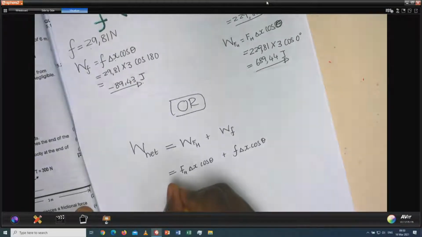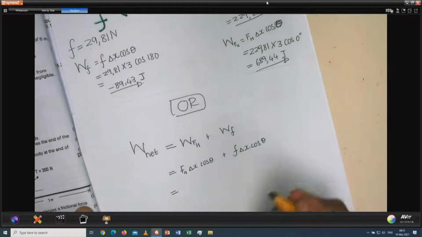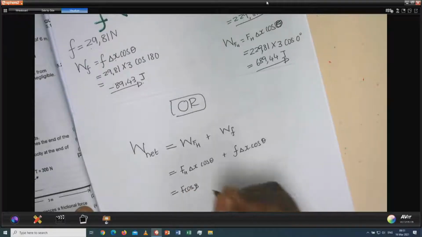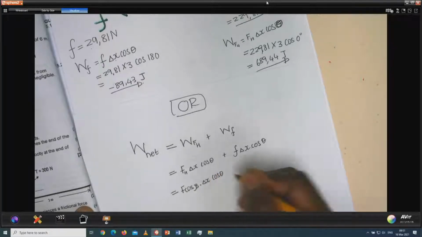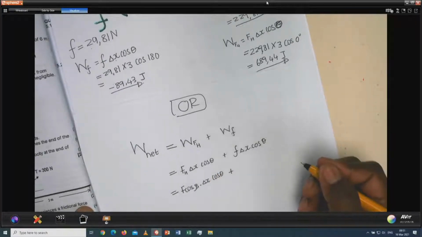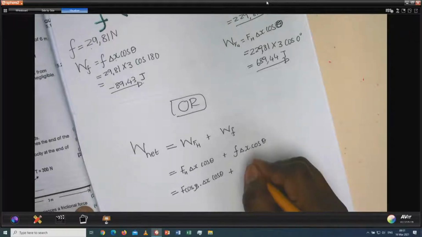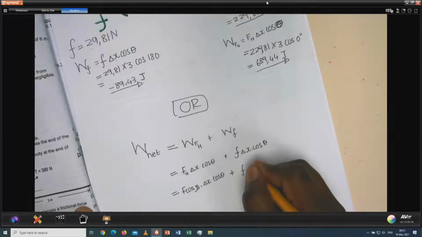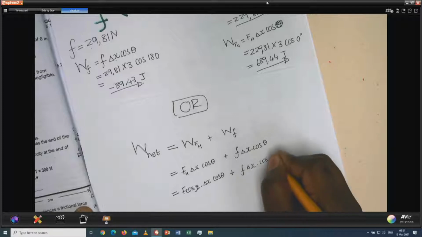You can even break it down further to say the magnitude of the horizontal component is F cos, and then for that direction I'll say beta, delta x cos theta, plus, then you've got this one, you can keep as is because we know the frictional force, cos theta.